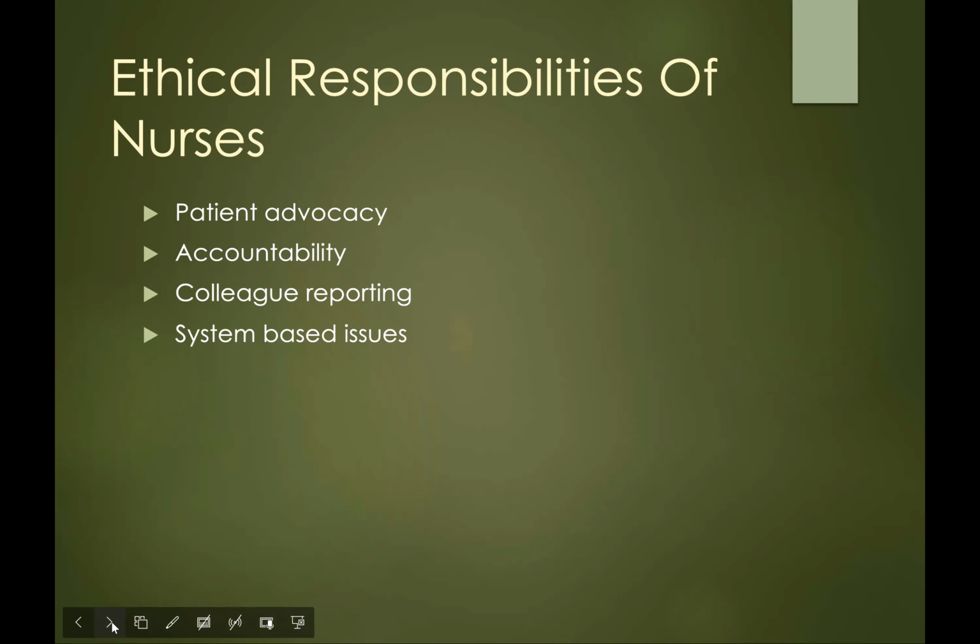Measures of accountability: nursing standards of practice is what a nurse with your education and experience would do in a situation. So you are accountable for your actions as nurses. So whatever you do, you are responsible for.